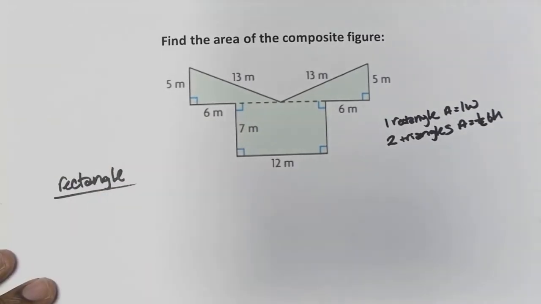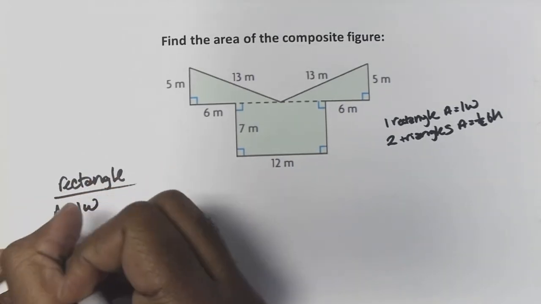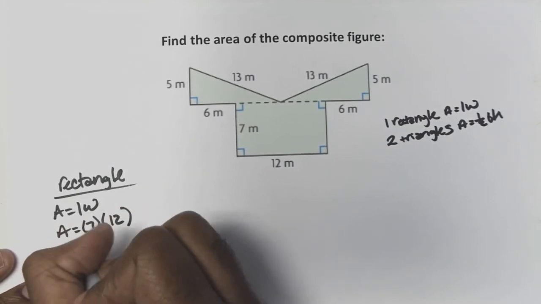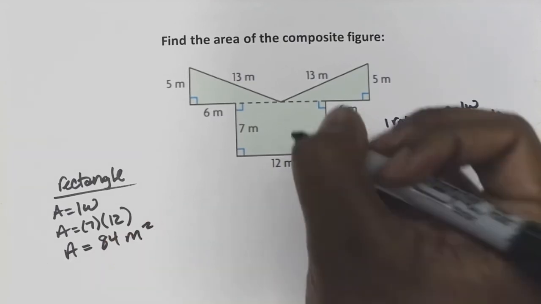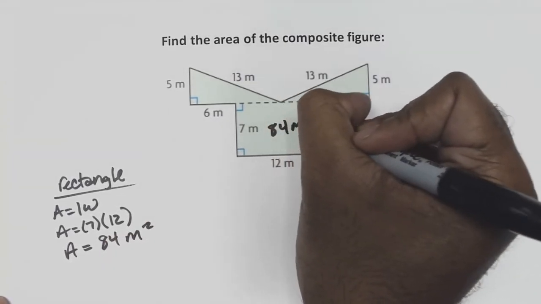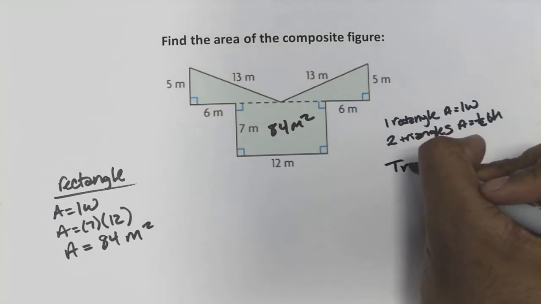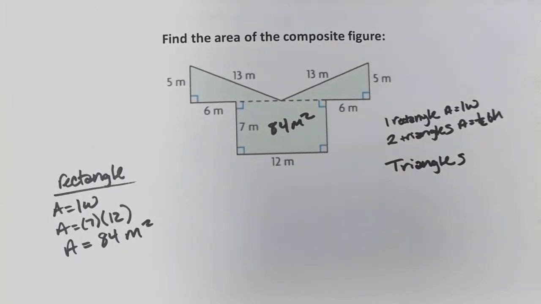So now I can start substituting what I know. 84 meters squared. So I'm gonna also write it here so I can know. Let's do the same thing with our triangles. So the height of our triangles is 5 meters.